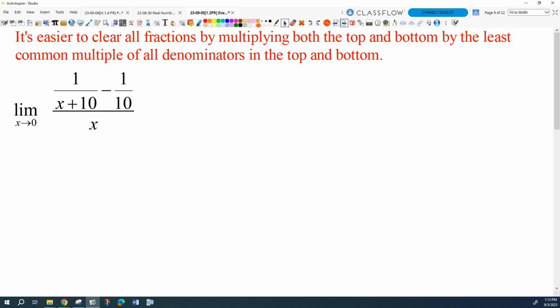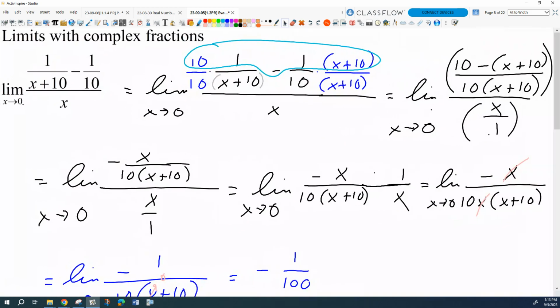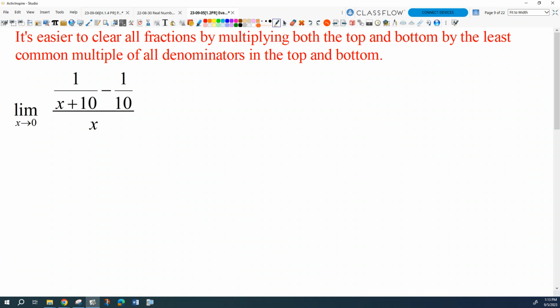The fraction in the denominator is just x over 1, so its denominator doesn't really contribute anything. But on the top, I had the denominators x plus 10 and 10. The least common multiple of x plus 10 and 10, you already told me, is 10 times x plus 10.